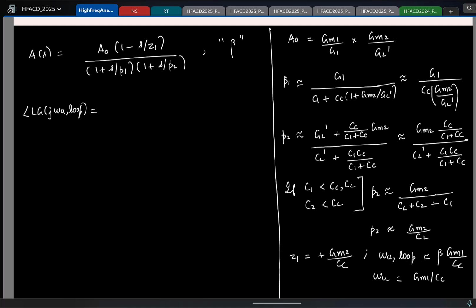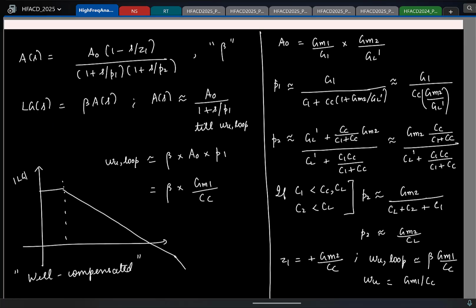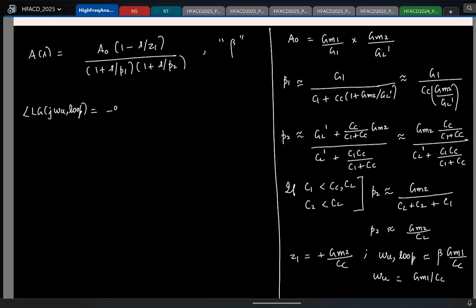Now what can you comment about the phase contributed by the low frequency pole at the unity loop gain frequency? I'll show the magnitude plot. The unity loop gain frequency is here. The lower frequency pole is here. What can you comment about the phase added by this pole at this frequency? Roughly minus 90. This is at a much lower frequency, so it's very safe to assume that this is minus 90.